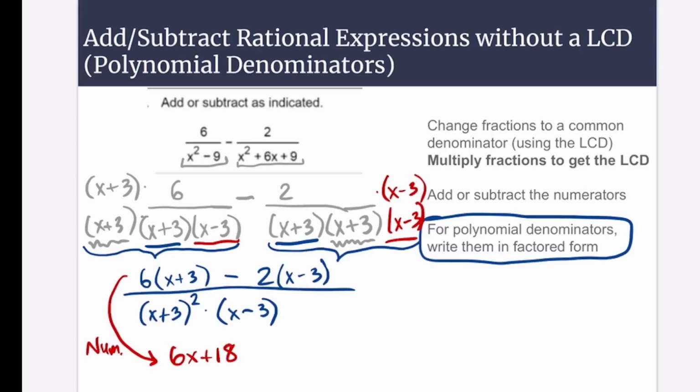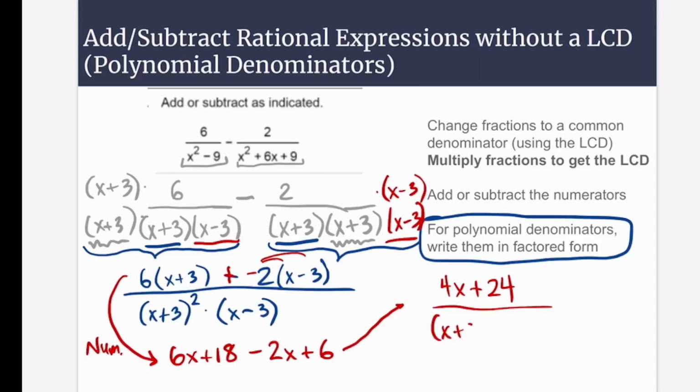This is a minus 2, so we could add negative 2 and distribute that: negative 2x plus 6. So our numerator is going to be 4x plus 24. And then the denominator is going to be x plus 3 squared times x minus 3.